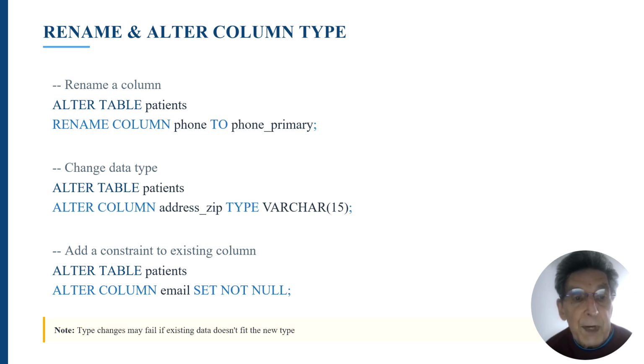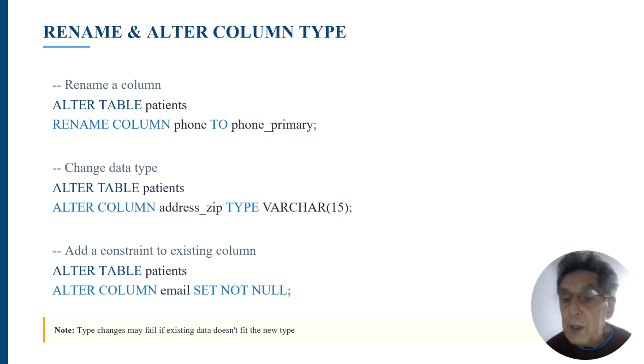We need to change the existing phone column to something that's more specific. All right, to change data type, alter table patients, alter column address_zip, type varchar(15). The use case: we used to support the zip+4 format, but it requires more than 10 characters, so we change the data type to varchar(15).